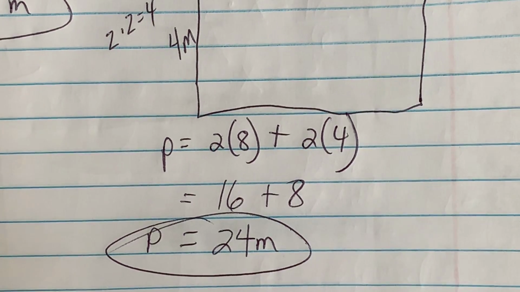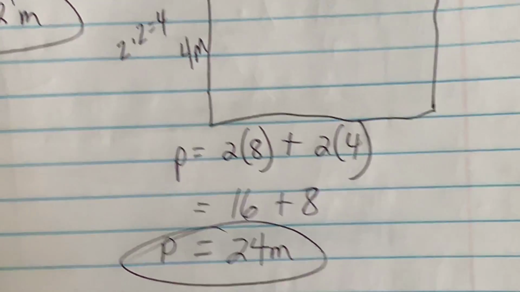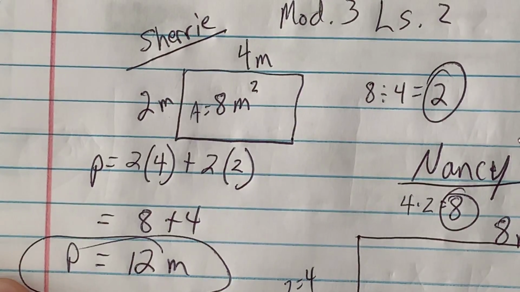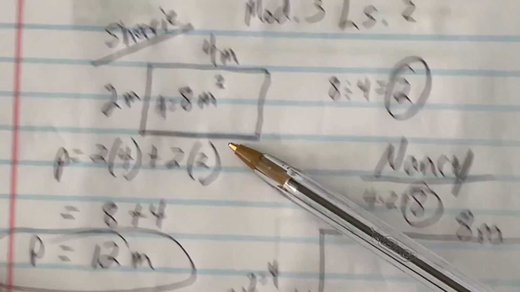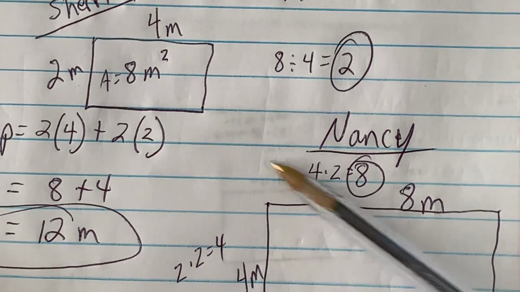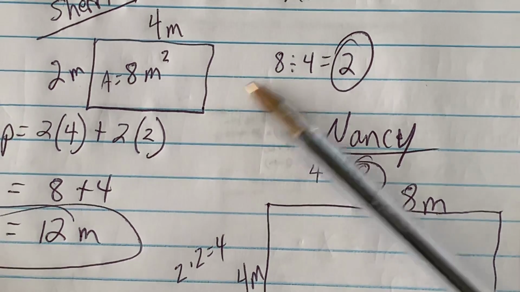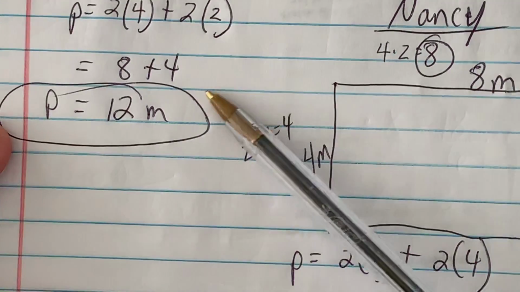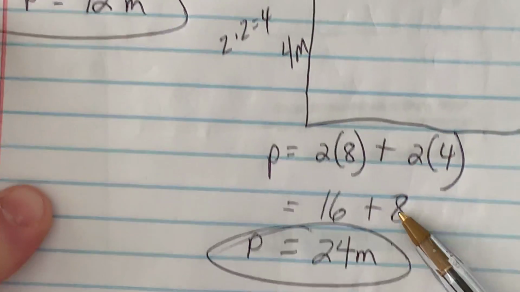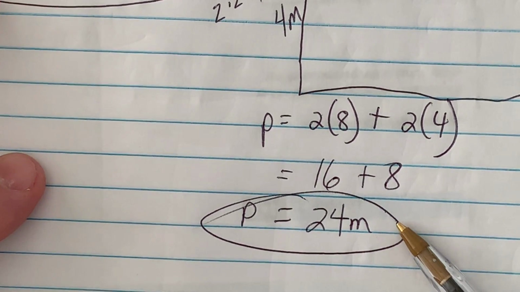Now, if you notice the connection here, Sherry's garden to Nancy's garden, it doubled. So 4 times 2, 2 times 2. The perimeter also doubled. 12 times 2 is 24, right?